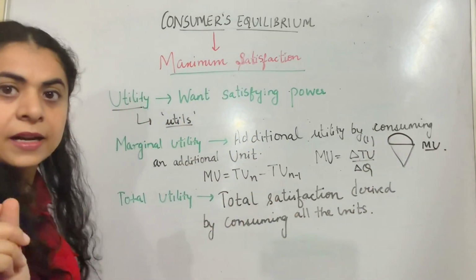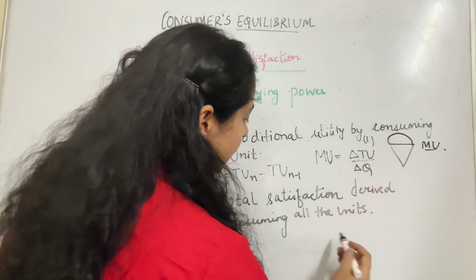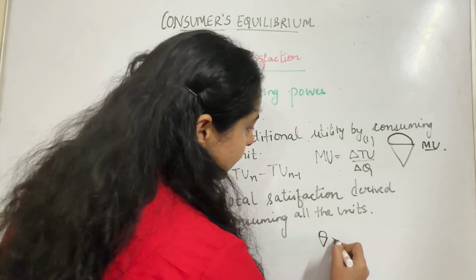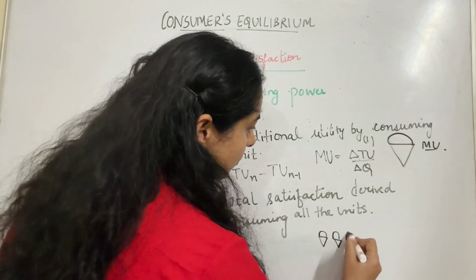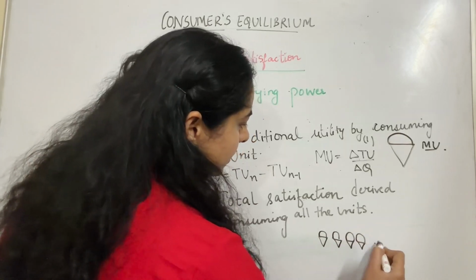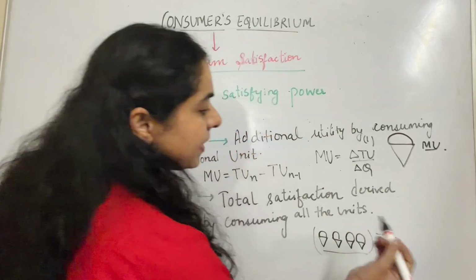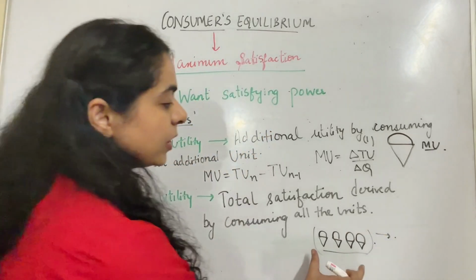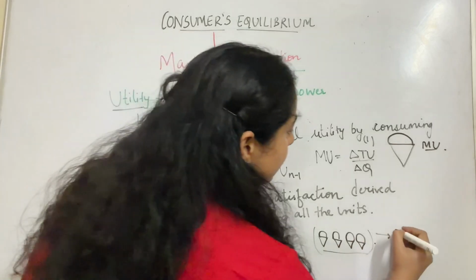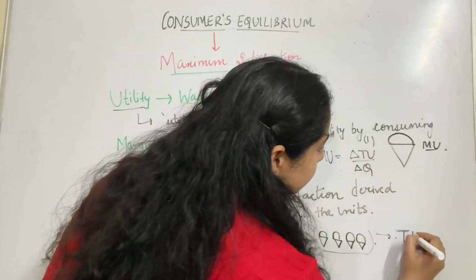And let's say that I consume more than one ice cream, like 3 or 4 ice creams. So the total satisfaction I derived from consuming all the 4 units is the total utility.